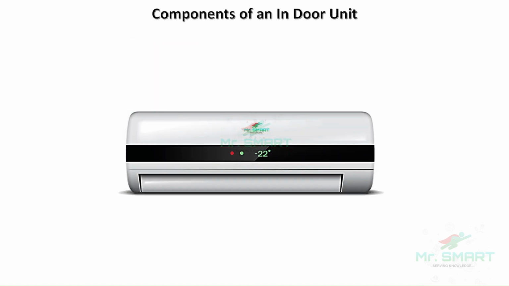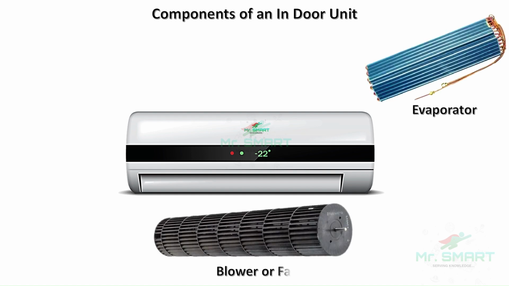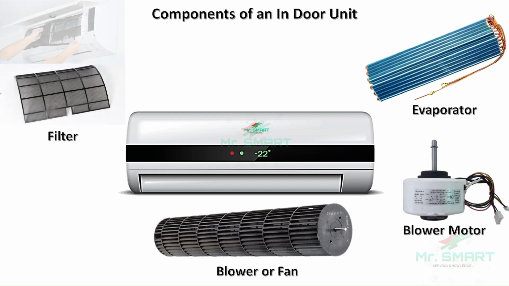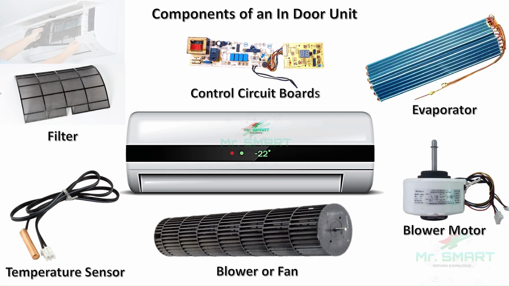Similar to the outdoor unit, an indoor unit also contains many main components such as the evaporator, blower unit, which is also referred to as the IDU fan unit, blower motor, filter, temperature sensor, and control circuit boards.